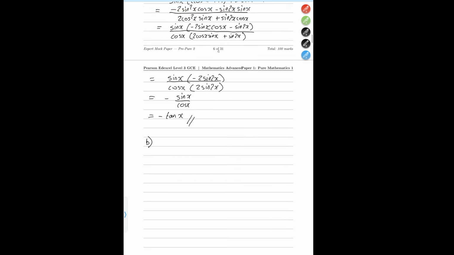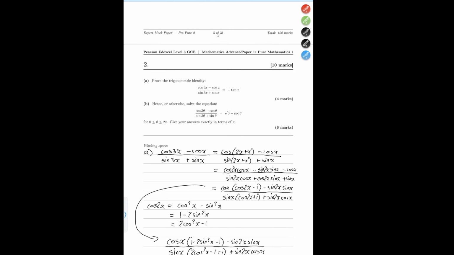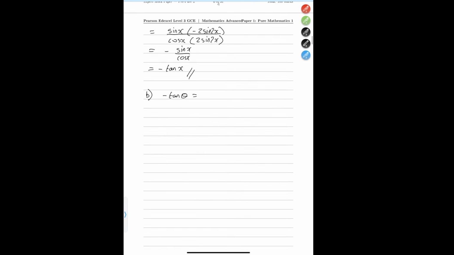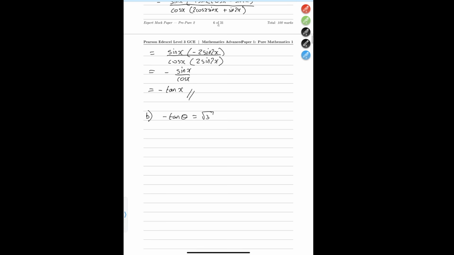Okay, so for part B, we've been asked to solve an equation. We've got it equal to root 3 minus sec theta, and we've got a bound here between 0 and 2 pi. So our first thing here is let's rewrite this, and let's double check it's the exact same form. So we can rewrite this as minus tan of theta is equal to root 3 minus sec theta.